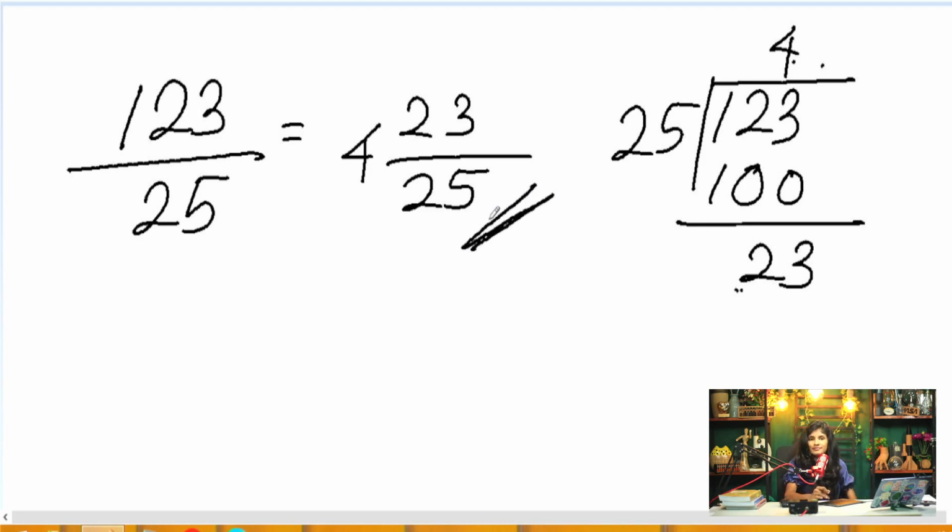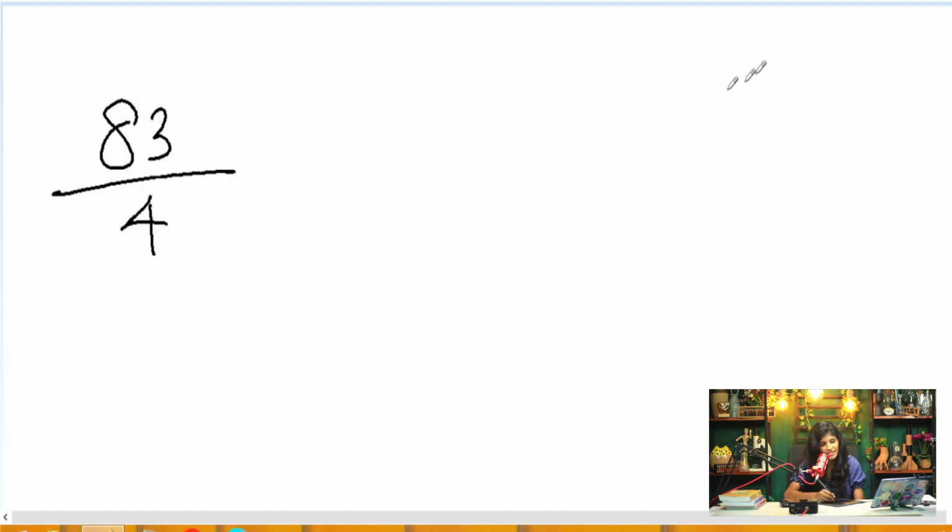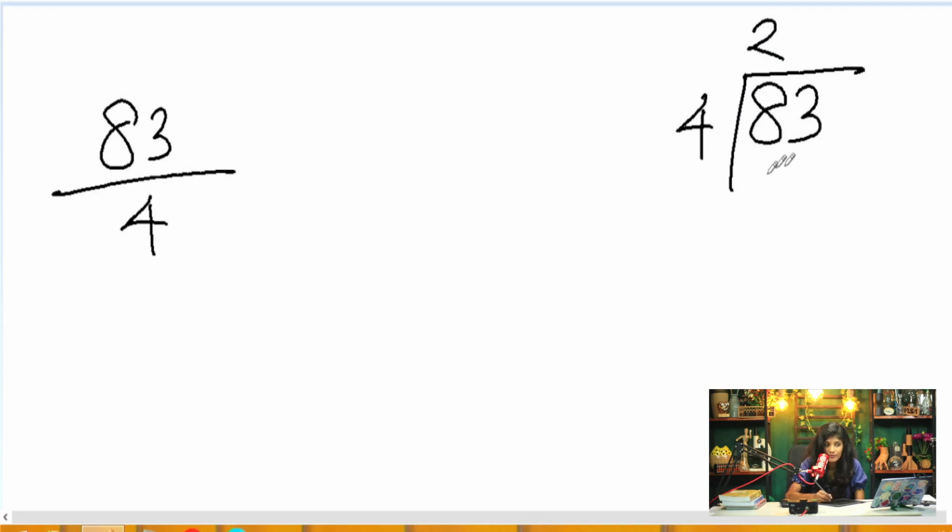So the last question we are going to discuss under this part is 83 divided by 4. For 8, how many 4s are there? Yes, there are 2. 2 times 4 is 8. Remainder is 0.